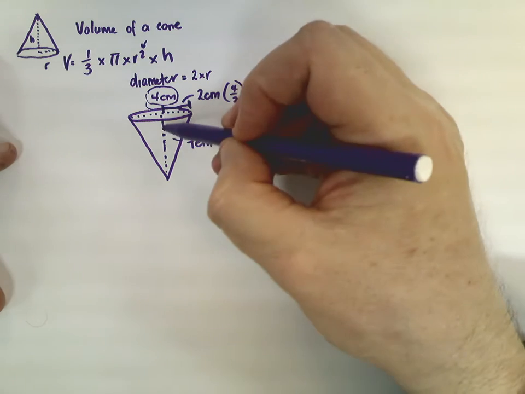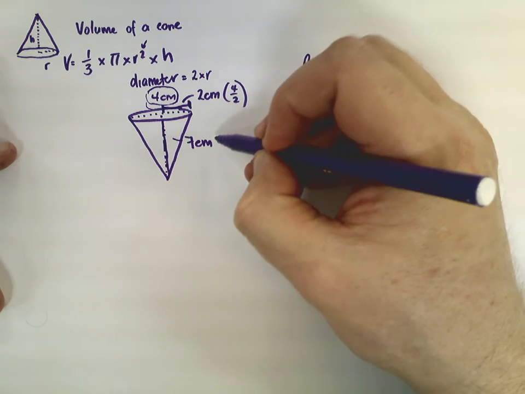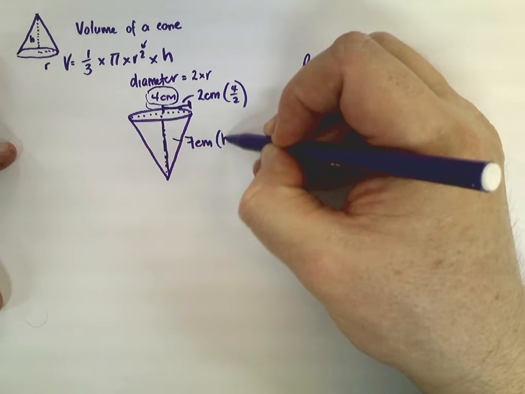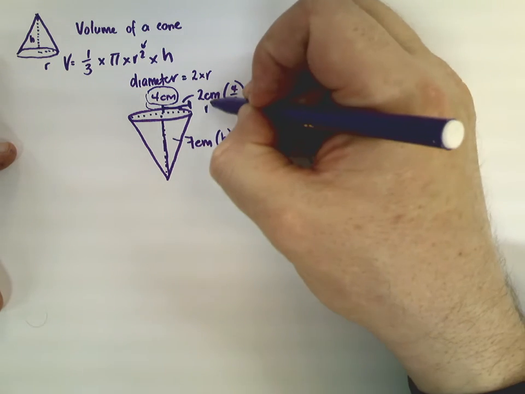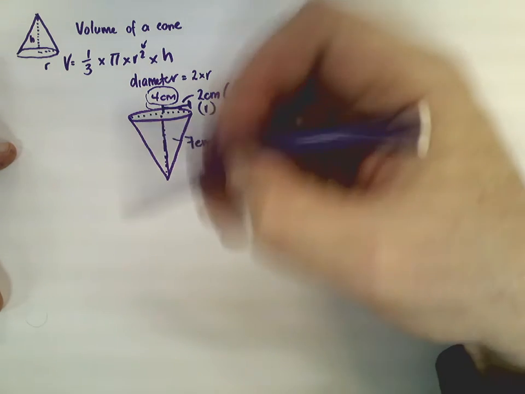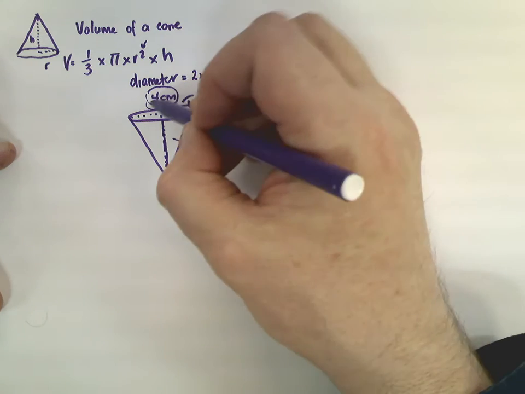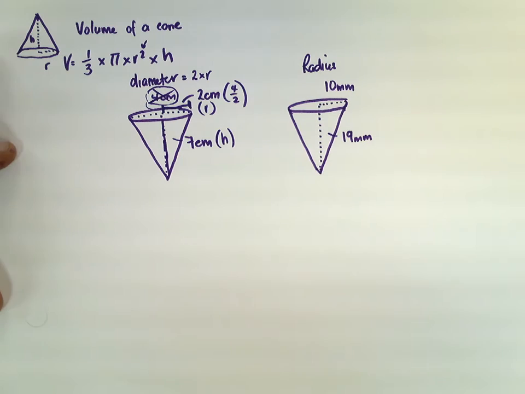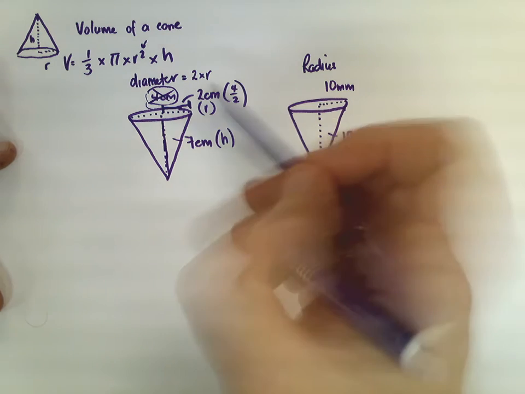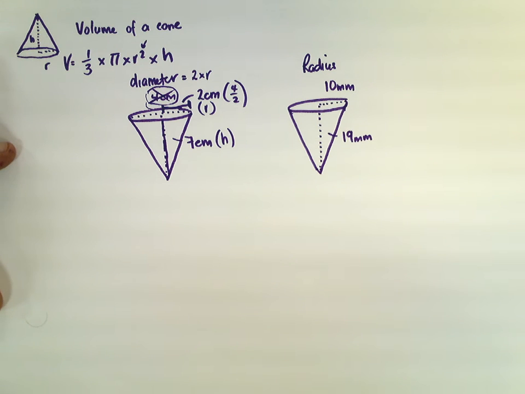You'll notice here that the height of this particular cone is 7 centimetres. So I'm going to put a H next to this, and I'm going to put an R down the bottom here. So I know when I come back and have a look at this, and sometimes I must admit, I usually just cross out this diameter. I don't need it in this particular question. But when I crossed it out, notice I didn't just completely obliterate it. I need to be able to see it again if I need to use it later on in some aspect in this question.